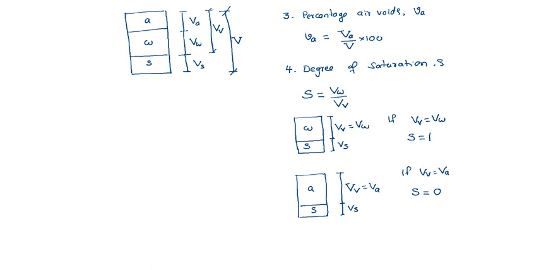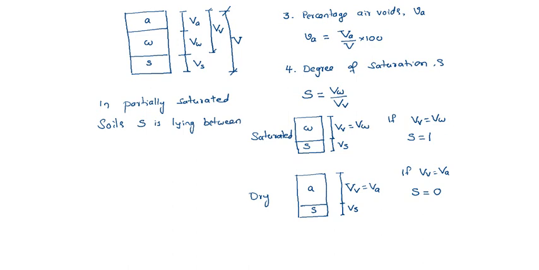The other one is the saturated case. Other than these, partially saturated case means S will be in between 0 and 1. So in partially saturated soils, S lies between 0 and 1.